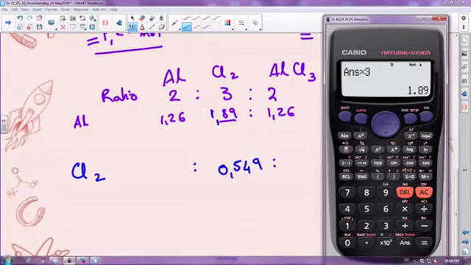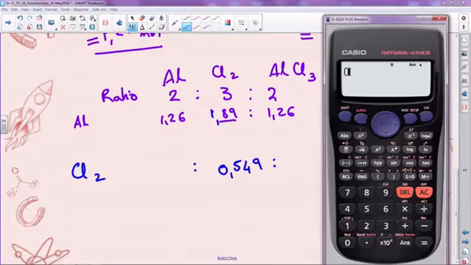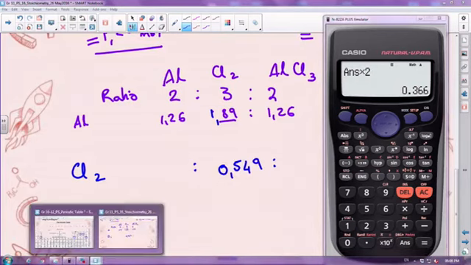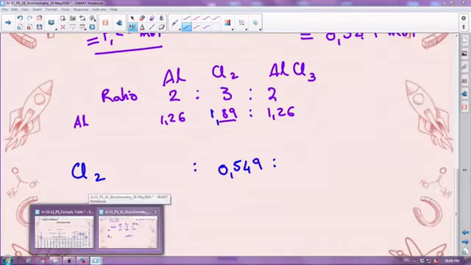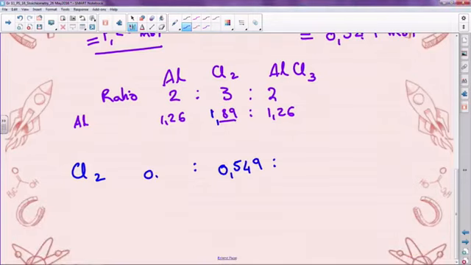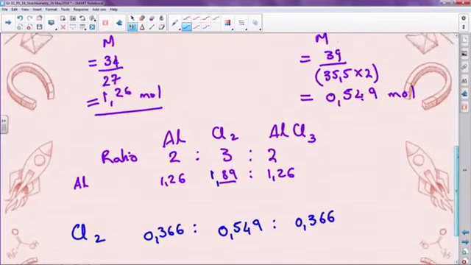I'm going to divide 0.549 by the current ratio, and then multiply it by my new ratio, which is 2. And here I'm going to end up with 0.366. Okay, what does this mean?